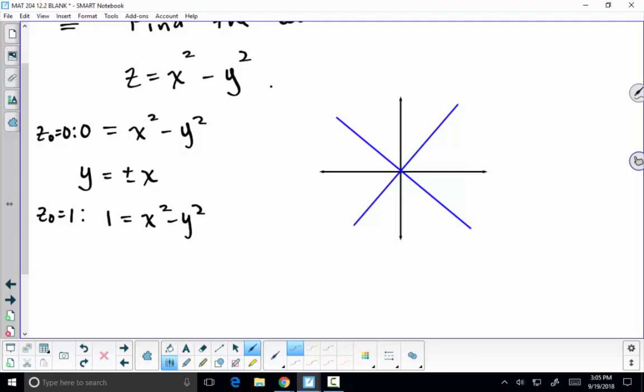That is a hyperbola with x-intercepts and not y-intercepts. So that would be this direction. All right, so that corresponds to z naught equals 1. So you head right or head left, and you're going to go up.